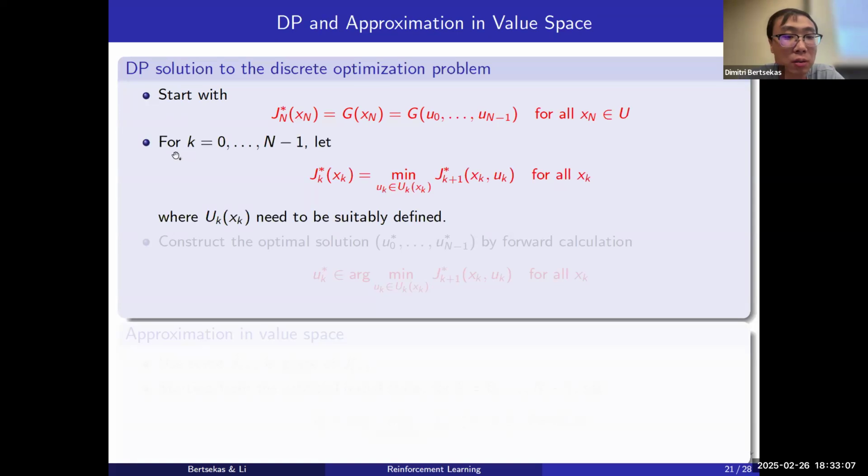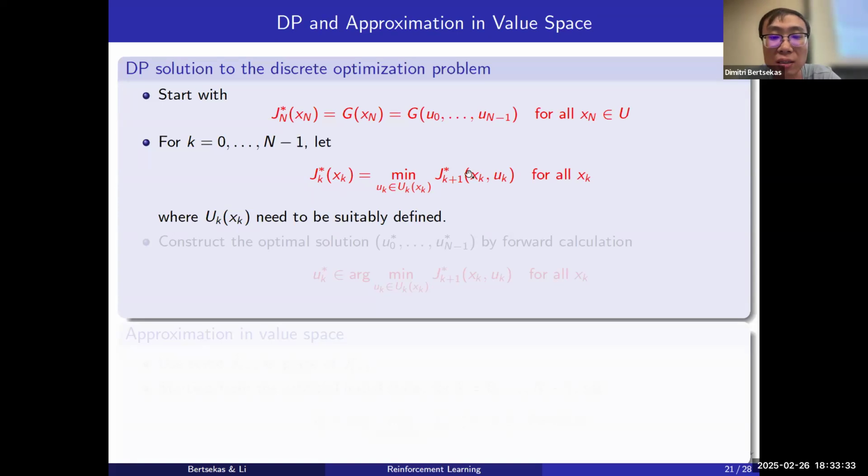And then for all the remaining stages, we run the corresponding dynamic programming algorithm. Compare with the previous formula that we have seen here. Previously, there is a stage cost g, right? But this stage cost is missing because all the other stages have 0 cost.